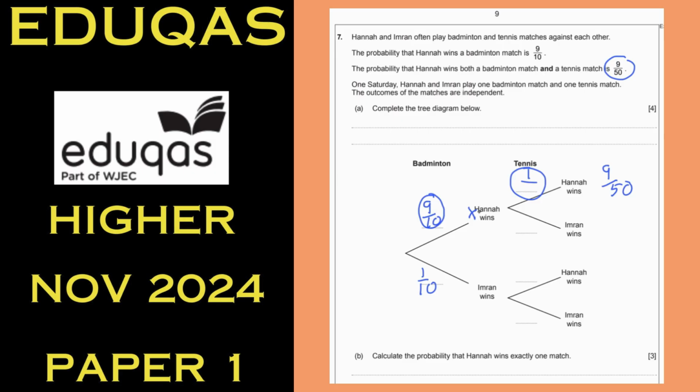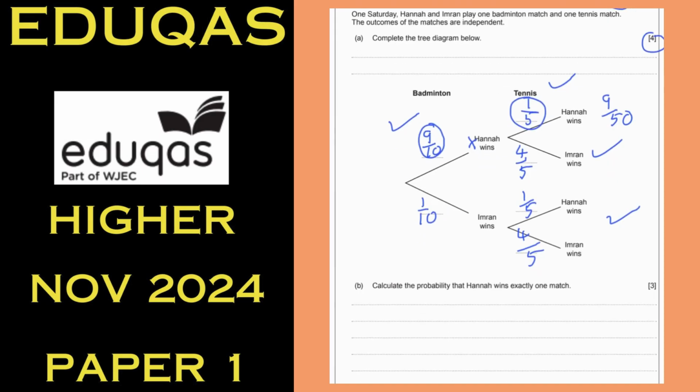On the denominator side, 10 times 5 makes 50. I'll be earning a mark for that. I'll be earning another mark for 4/5. And I'll be earning my 4th mark for repeating them down on the bottom pair of branches.